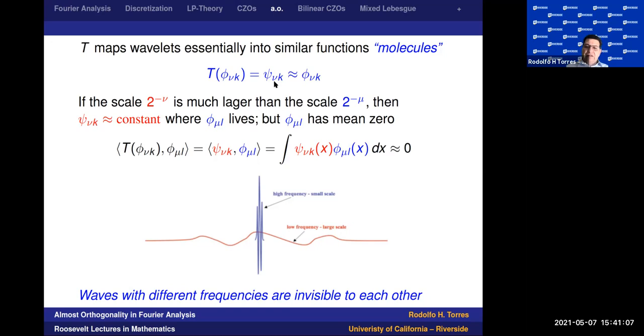Probably their integral is 0 and maybe some moments are 0. So if you integrate something that is essentially constant against something that has mean 0, then you get something very small. Of course, this needs to be properly justified and quantified, but that's the main idea behind why these wavelets diagonalize Calderon-Sigmund operators.